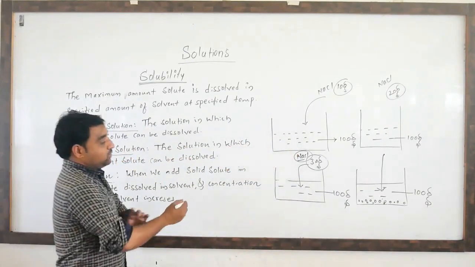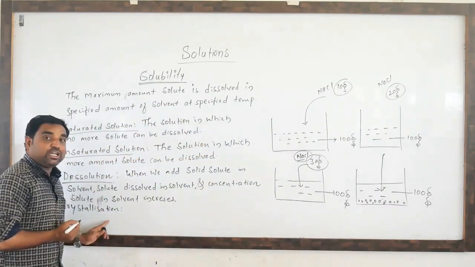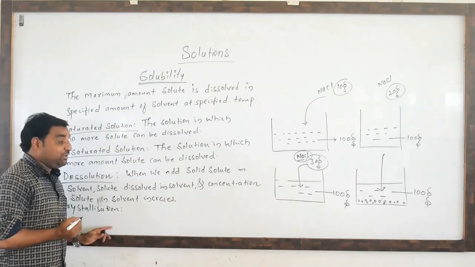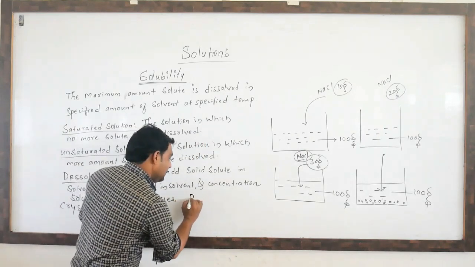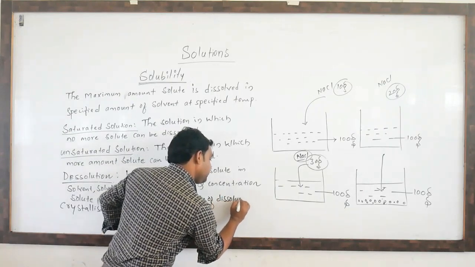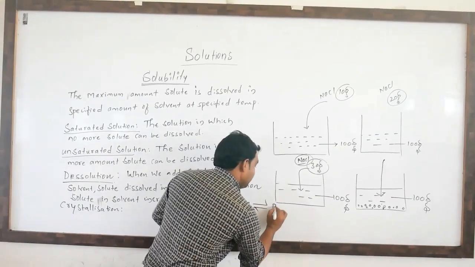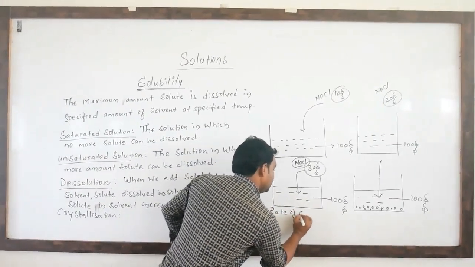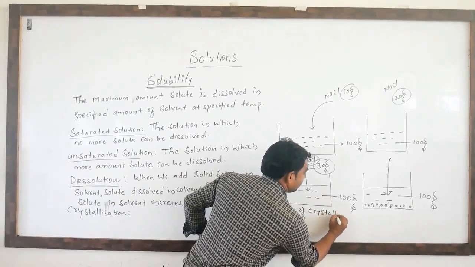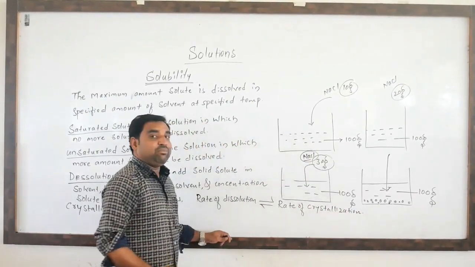So the rate of dissolution and the rate of crystallization are in dynamic equilibrium. These two are in dynamic equilibrium.